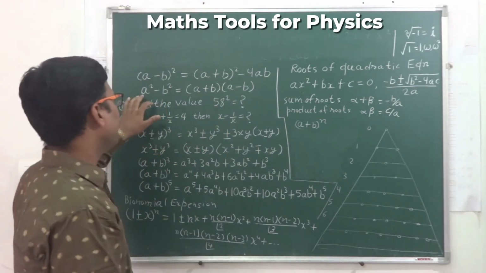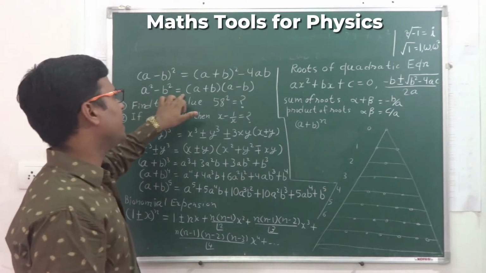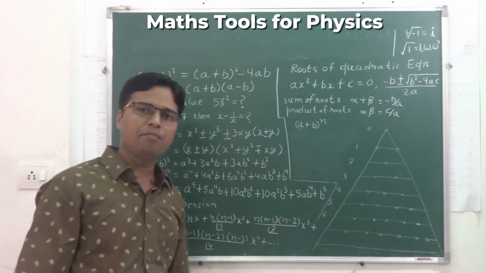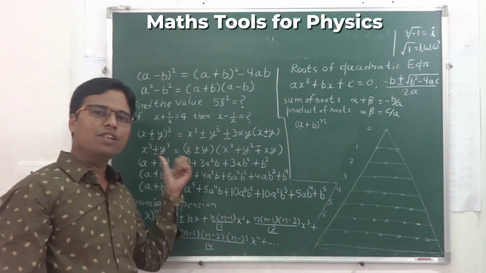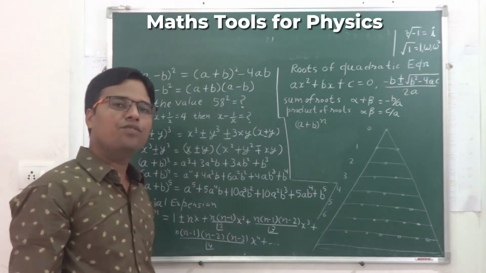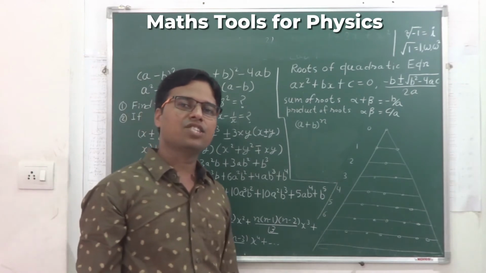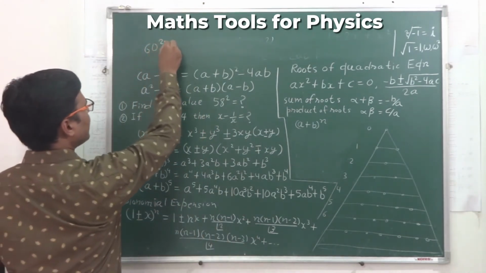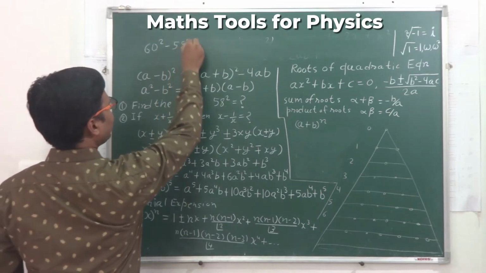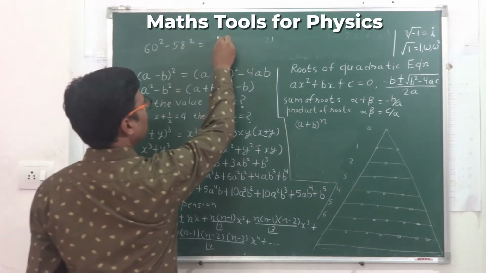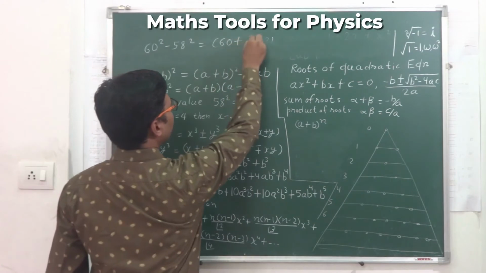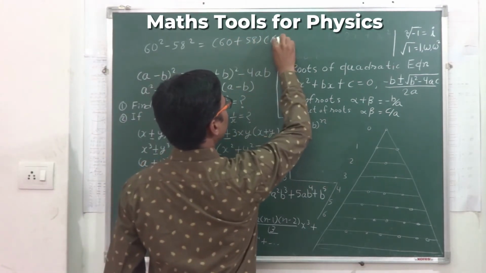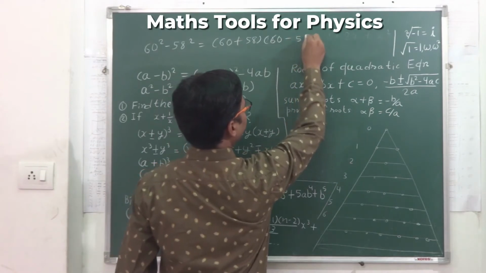Now students, a square minus b square is equal to (a plus b) multiply with (a minus b). I will go to a number for which I know its square completely. So 60 square minus 58 square is equal to (60 plus 58) multiply with (60 minus 58).